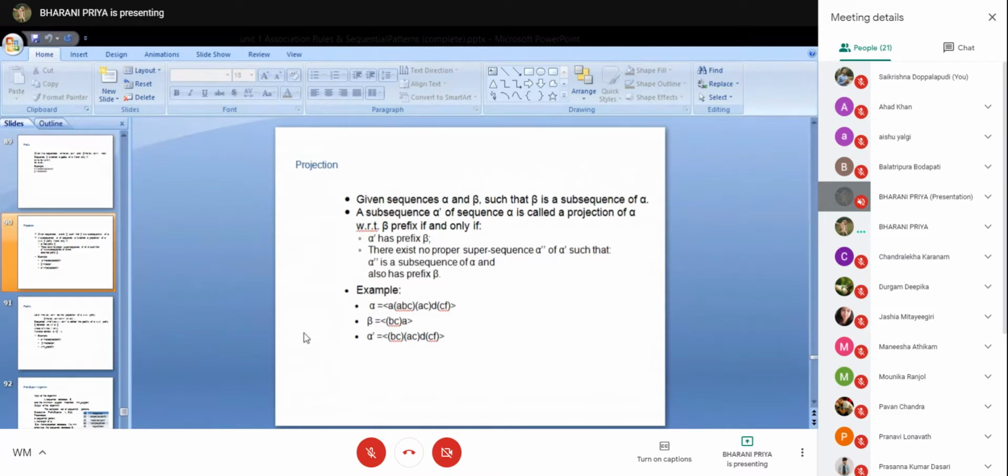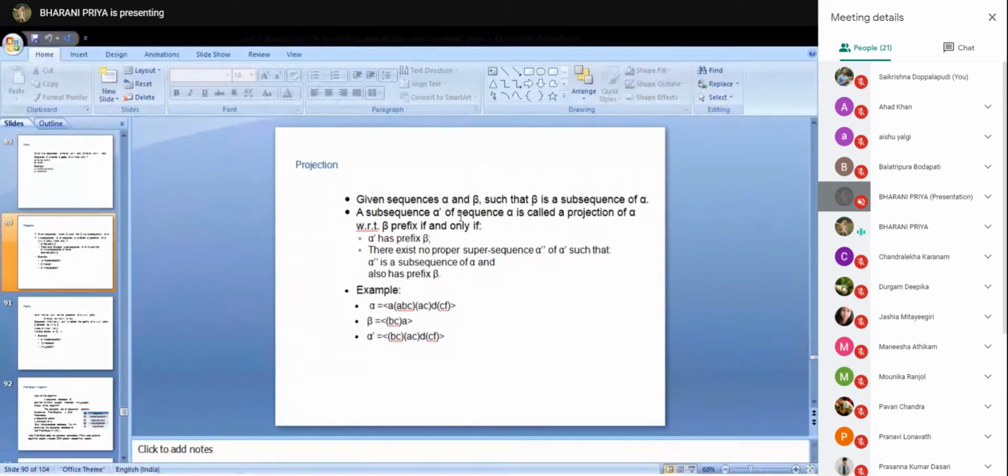Projection. Again, in this case, you have three sequences: alpha, beta, and alpha dash. Beta is a subsequence of alpha, and alpha dash is also a subsequence of alpha.